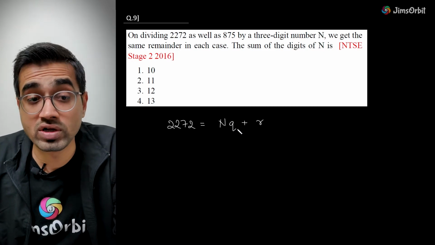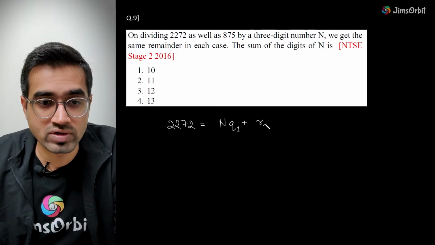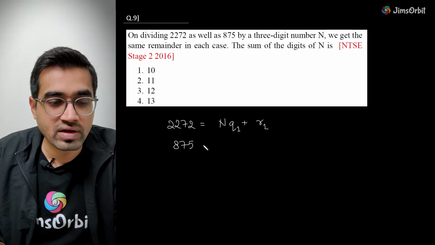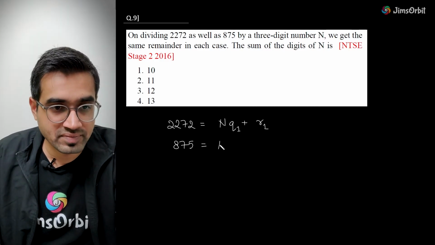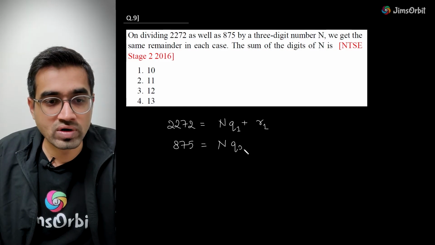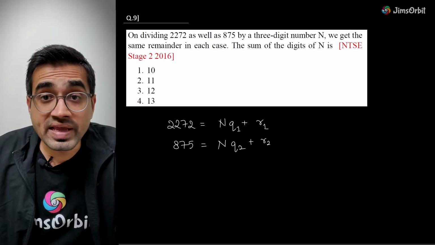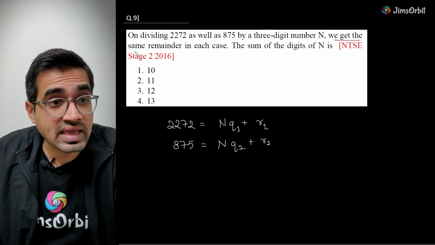I'm not told what the quotient is, and I'm not told what the remainder is. The second case, 875, divisor into quotient, I am not told the remainder. But it is being said we get the same remainder.